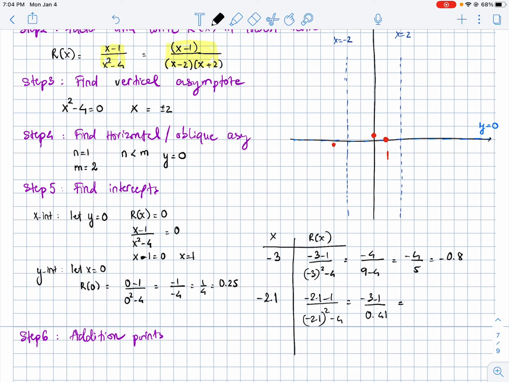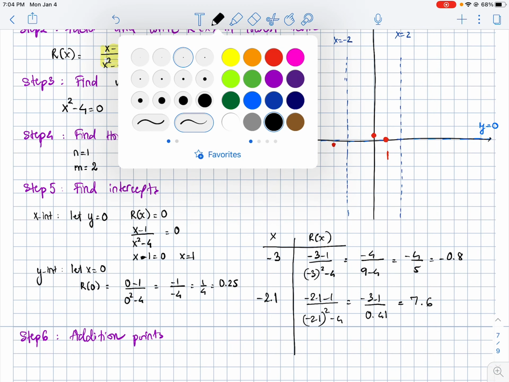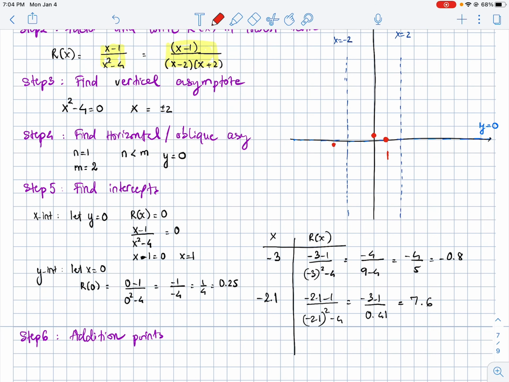So -3.1 divided by 0.41, you got the answer is -7.6. So -2.1, -7.6. If you plot that point, it is somewhere over here in the bottom right.